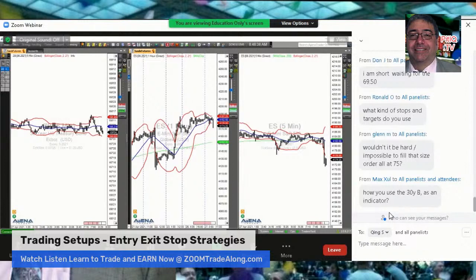How do we use the bonds? Well, sometimes we get inverse trades, sometimes we don't. And the reason we have the bonds up there: I traded in the bond pit for a long while, so I have this little affinity for it, and I just like to use the bond market sometimes to help us. Sometimes it does, sometimes it doesn't. We're not dependent on it, but it's good to have it up there because I think bonds are king, and they will eventually tell us what's going to happen.